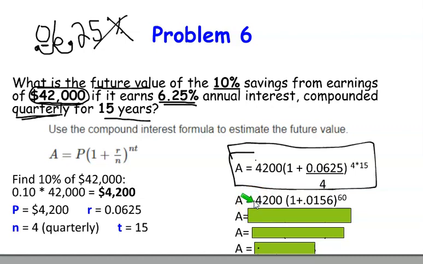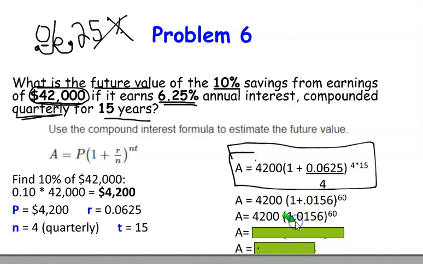You can use your phone calculator in the scientific mode because you're using exponents. Okay, and then I just took it one step farther so you can check your work to make sure you're doing it right. What does this parenthesis raise to the 60th power? Oh, no, not yet. I just went ahead and added these two numbers together.